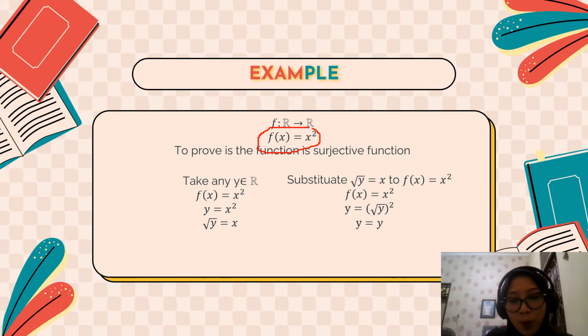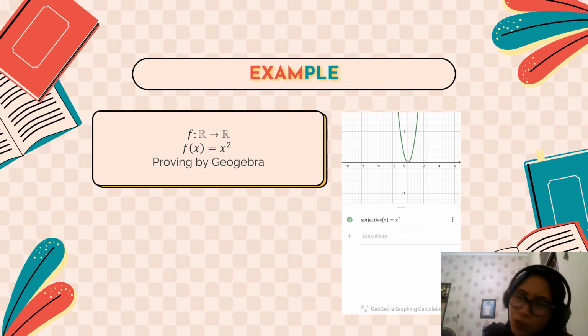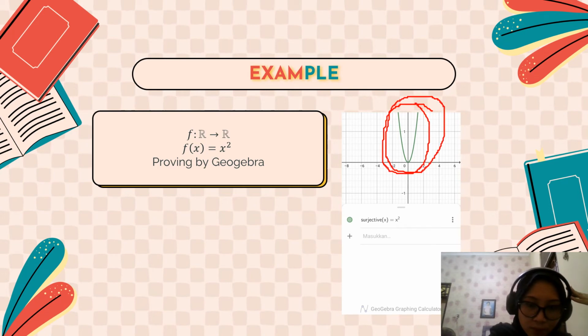So we have y equals root of y, squared. So the value is y equals y. So it's proven, and we can say that the function is surjective. You can also prove it with GeoGebra. If you see a graph like this, you can say that the function is surjective.